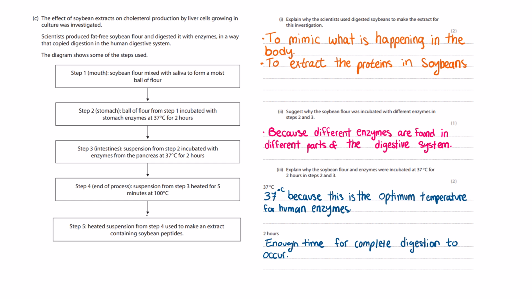Soybean flour is mixed with saliva to form a moist ball of flour. We have step 2, step 3, step 4, and step 5. Okay, so explain why the scientists used digested soybeans to make the extract for this investigation. Well, they want to mimic what is happening in the body. Okay, and it's also needed to extract the proteins in soybeans.